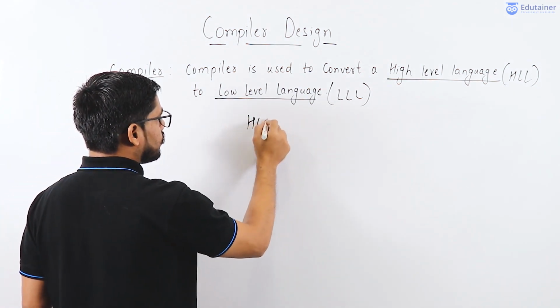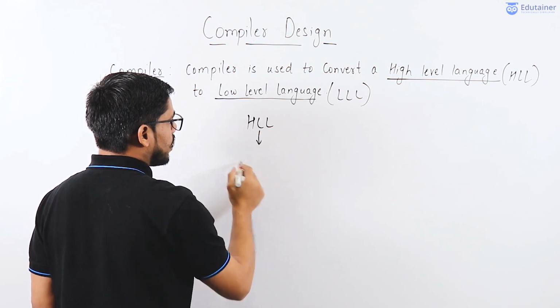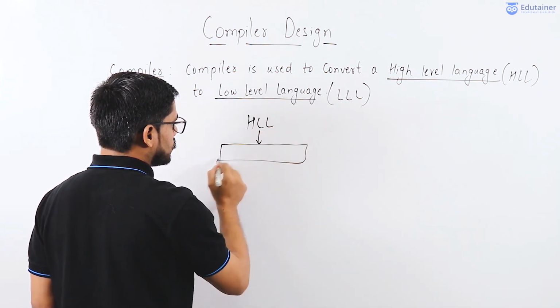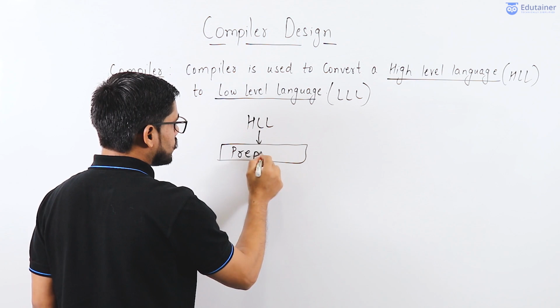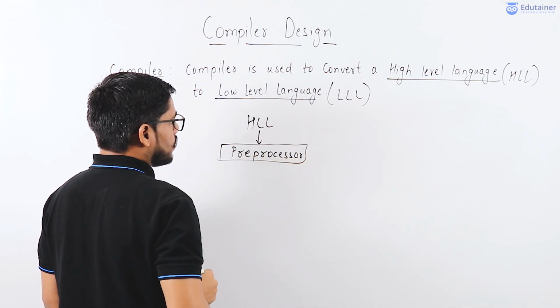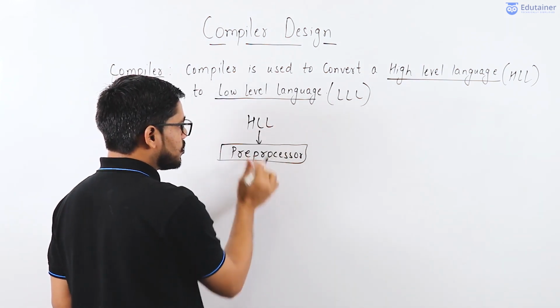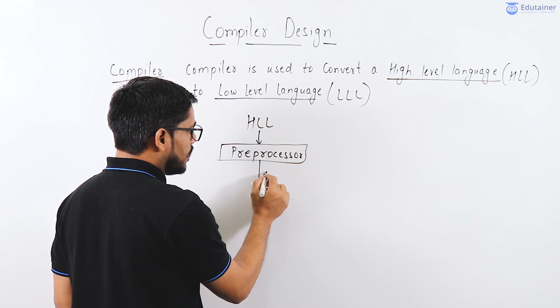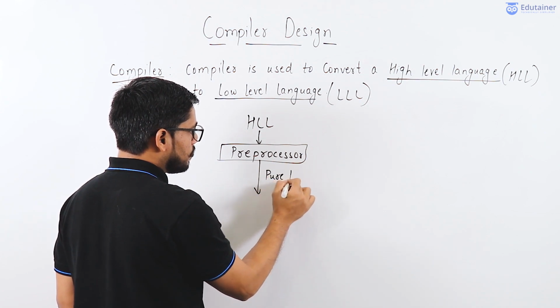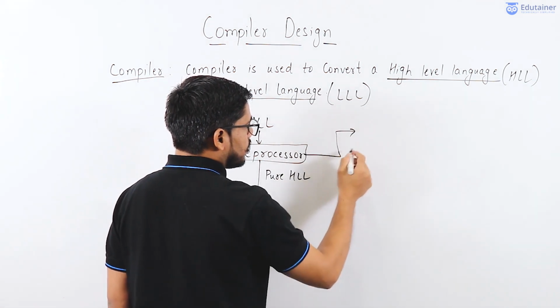Whenever you write a high level language program, first it is passed through the preprocessor. The preprocessor converts the high level language program into something called pure high level language.